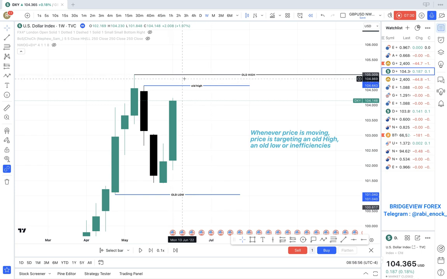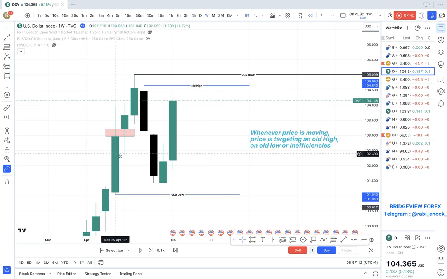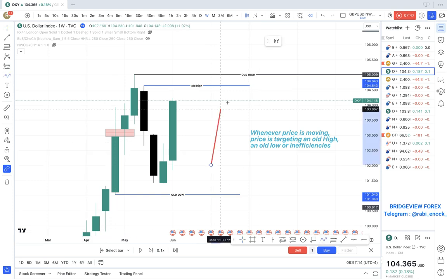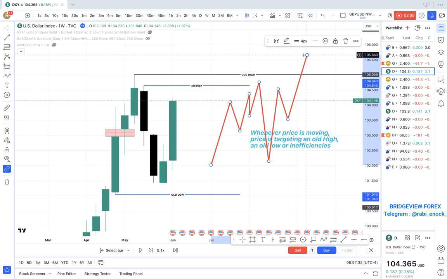And I told you above here is liquidity. When price is moving, look at this place. There's no space here. These are what we call inefficiencies. Price was inefficient here. Whenever price is moving, it goes up, creating a bullish move, but there has to be a little retracement, and then it comes down and creates again.